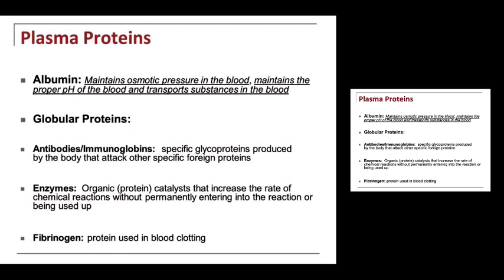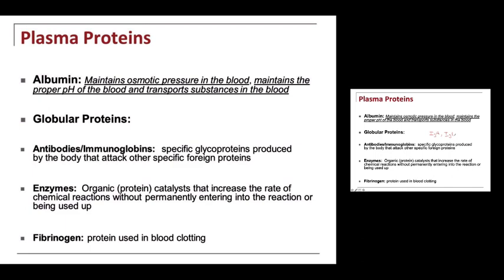Another protein in blood is antibodies, or immunoglobulins, and you remember things like IgA, IgE. So when you're looking at immunoglobulins, they'll typically be referred to as IgAs, or IgEs, or IgMs or IgGs.